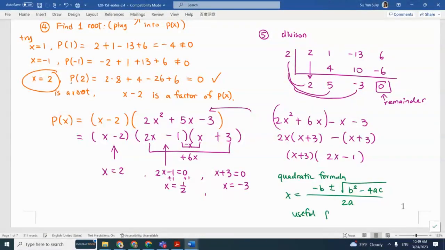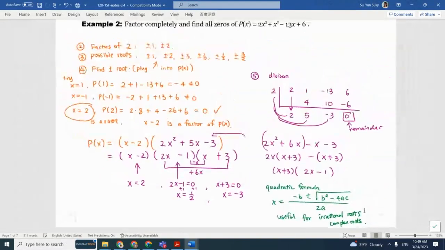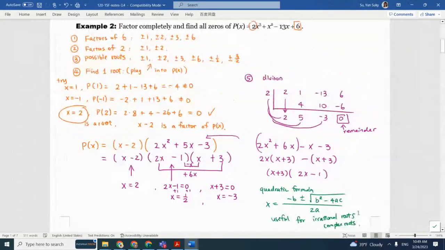And this is useful for irrational roots or complex roots. And the multiplicity of all the roots is 1, because you see this power to the 1, power to the 1, power to the 1, all multiplicity is 1.